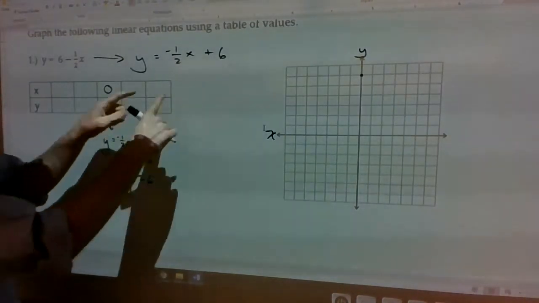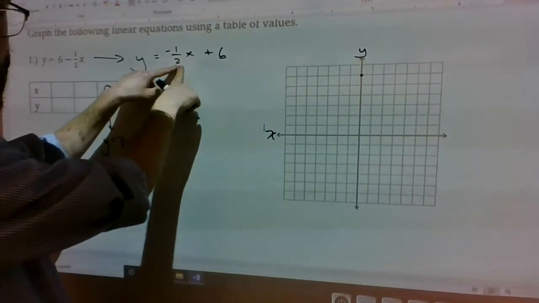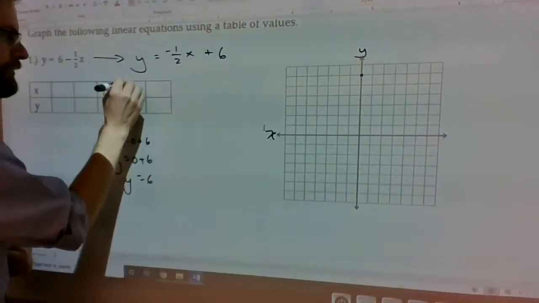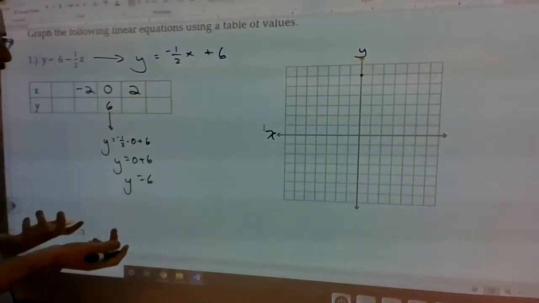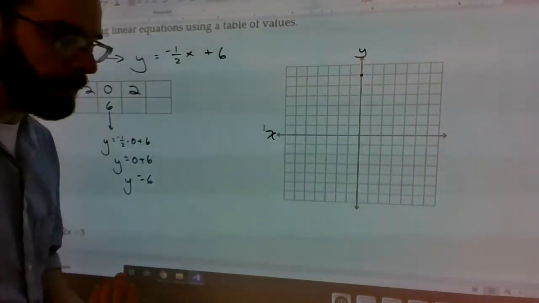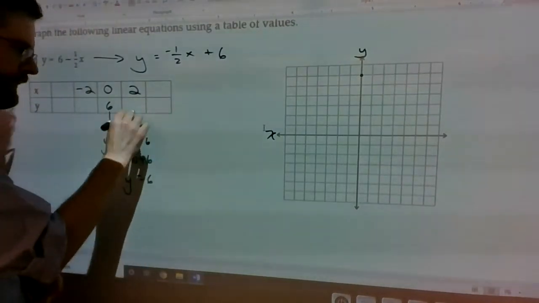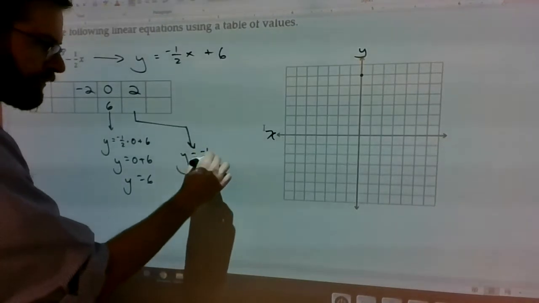Now, because the bottom of my fraction is 2, I'm going to skip count 2 to the right and 2 to the left. The only reason I'm doing that is because I want nice, neat values to come out. So here's what I mean by that. I'm going to plug in 2 for my x value.